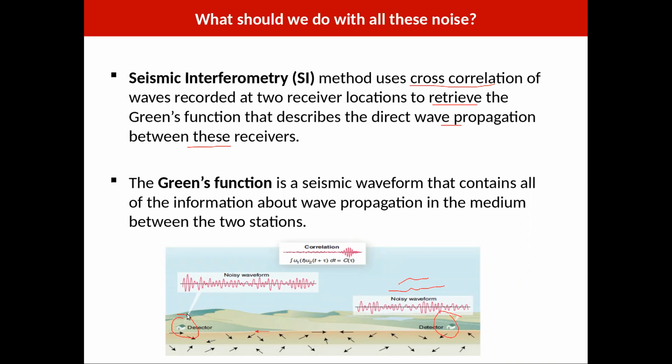And the seismic interferometric method says that if we take this noisy data, do some processing, and cross correlate this data with that data, then we can retrieve a resulting signal that constrains the Green's function between these two stations. The Green's function carries the elastic properties of the medium, and that's where the information is contained. So we can constrain the elastic properties of the medium between the two stations.